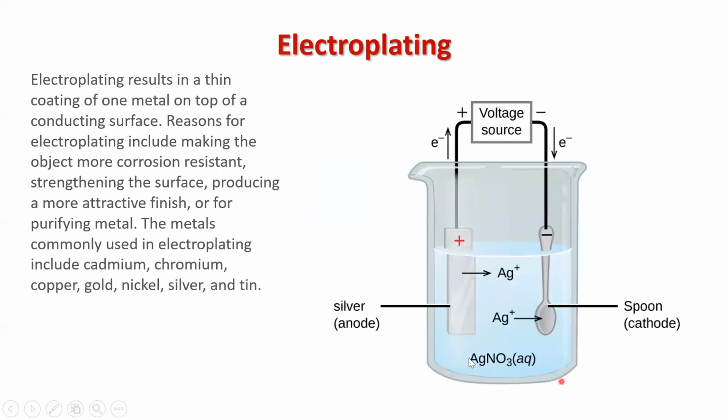Electroplating. Okay, let's say that we have a solution of silver nitrate, and we put in a silver electrode, and we put in some spoon. If we add in an electrical source, we're going to electroplate this spoon with silver.